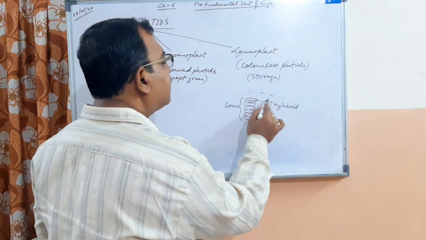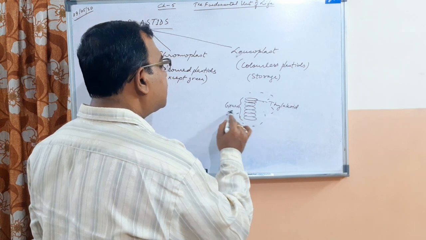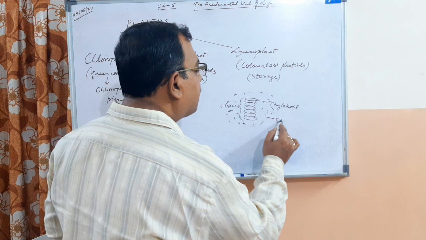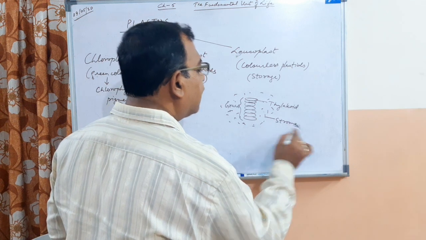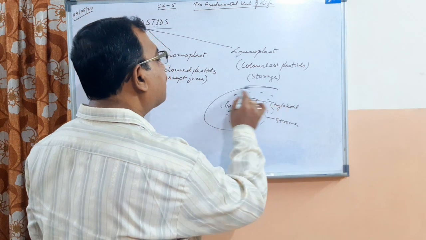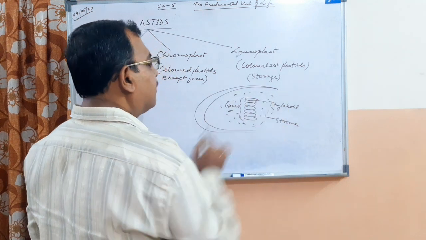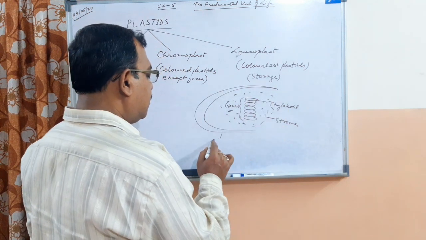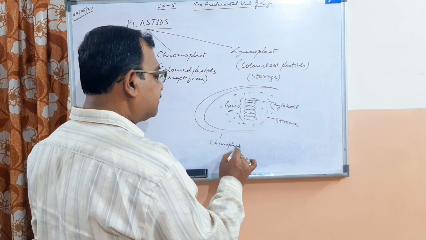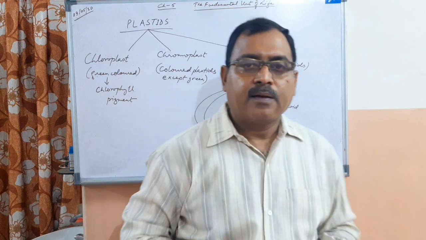And around it, whatever is the matrix here, this is called as the stroma part. So this is a cross section of chloroplast. Got it?